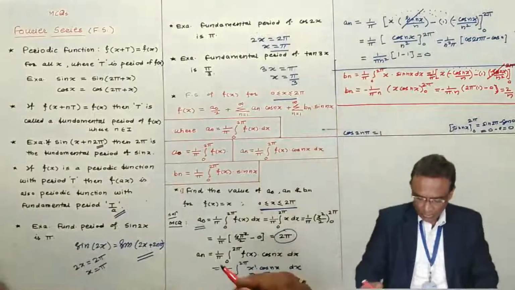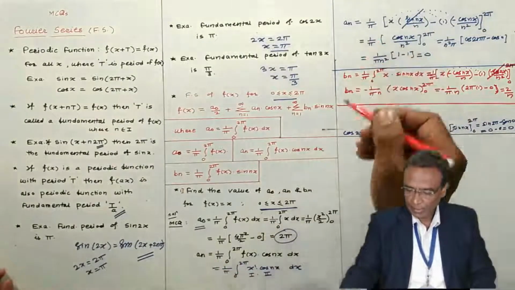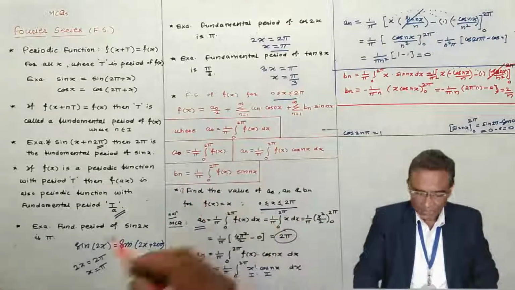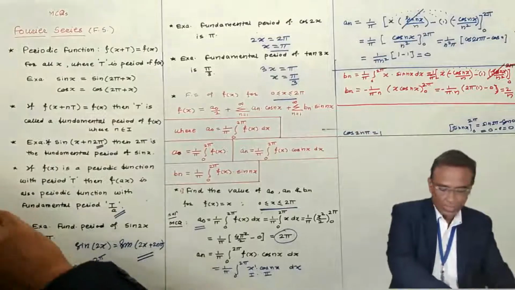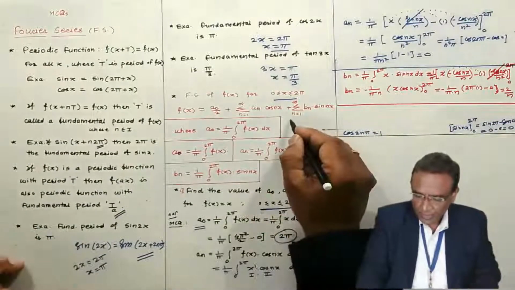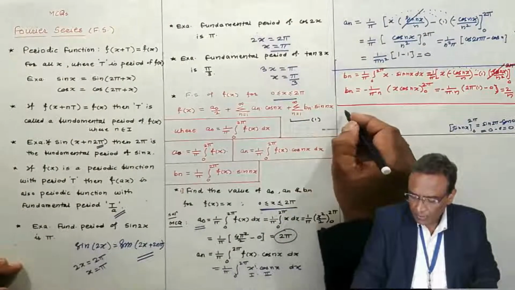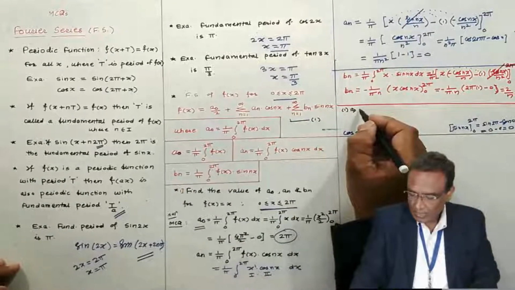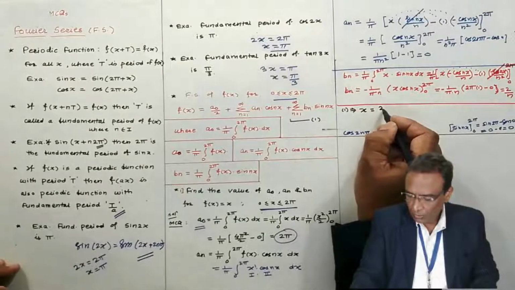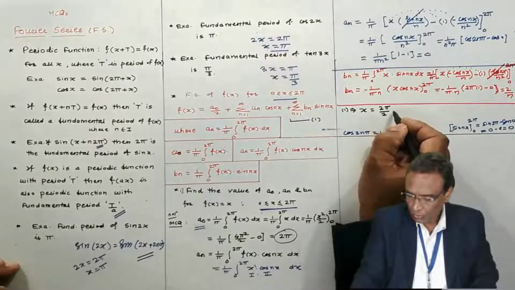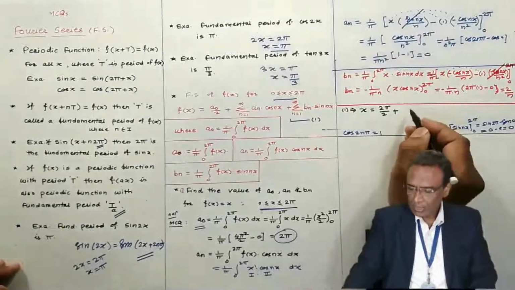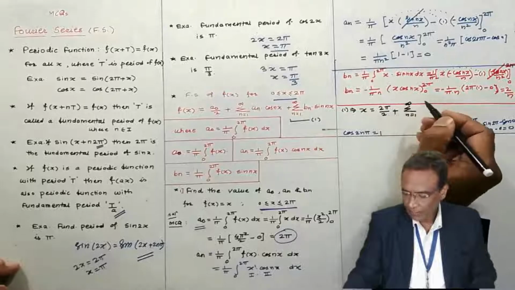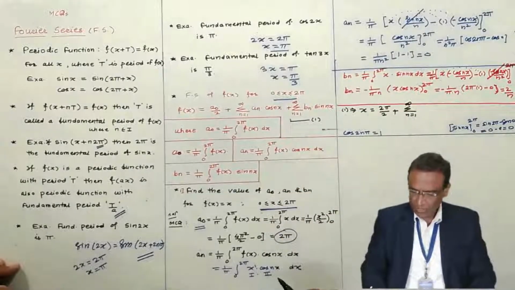And putting all those values, the value of a0, value of an, value of bn, in this formula of the Fourier series, finally you will get the Fourier series. See, what is the Fourier series? This implies, fx is x, a0 by 2, a0 is what? 2 pi, summation, n varies from 1 to infinity, an, what is the value of an?